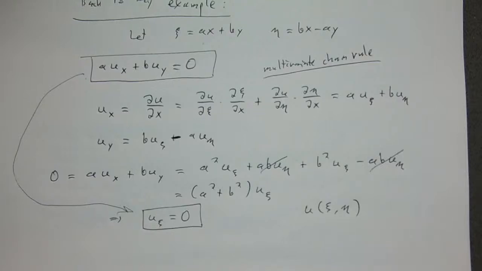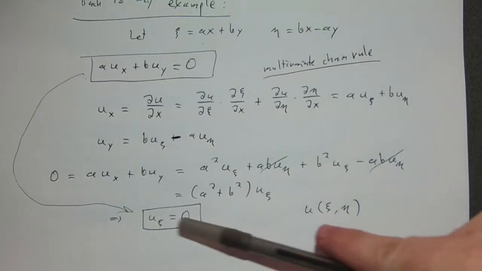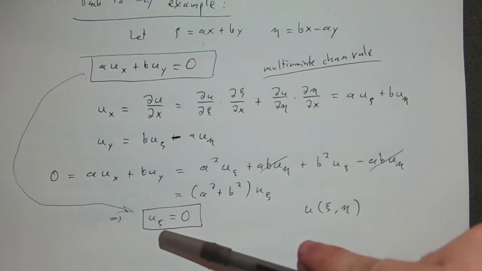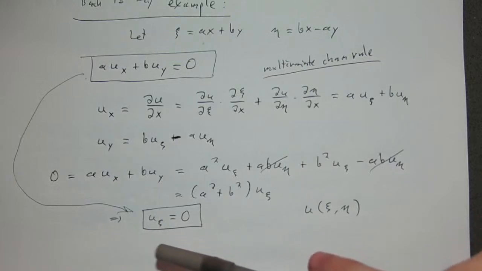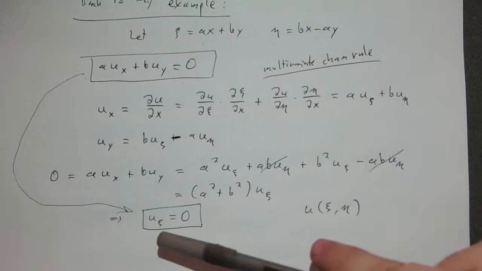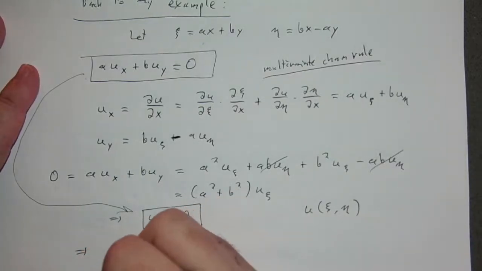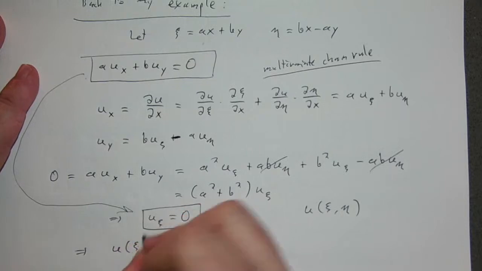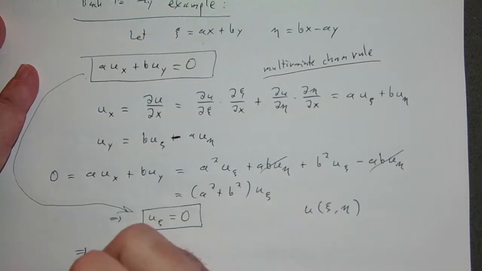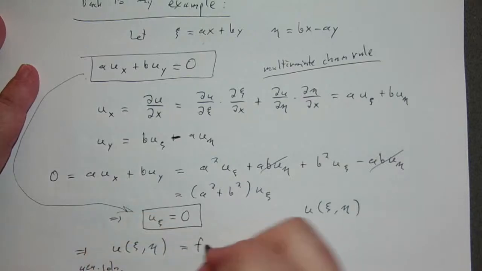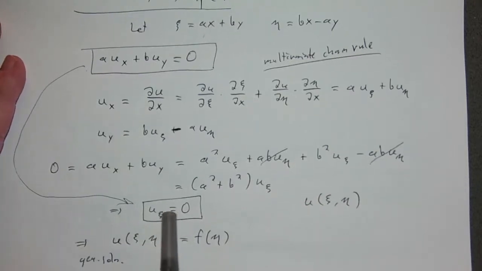But what does that mean? By what we said in the previous lecture, it means that it is constant with respect to ξ, which means the most general form that it can take is a function of η. So this is our general solution, just a function of η, since its ξ partial is 0.